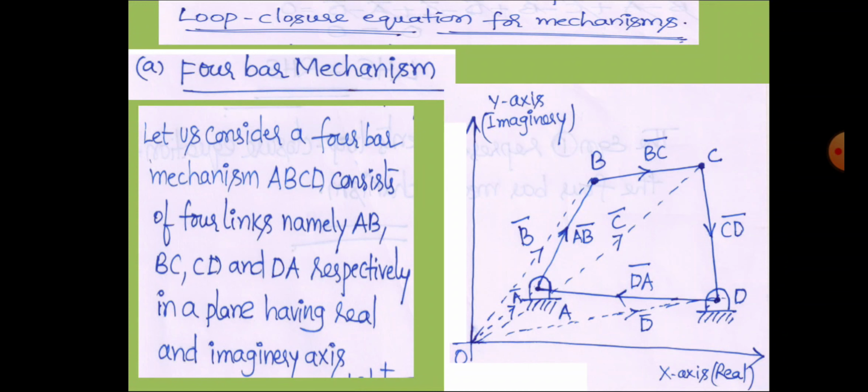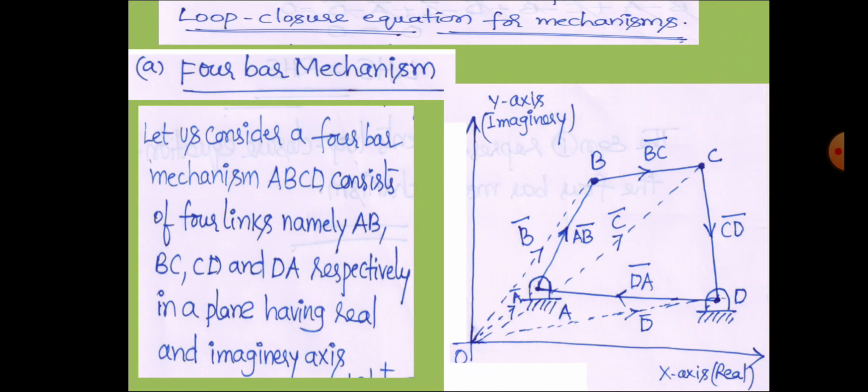Now first, let us take a 4-bar mechanism, A, B, C, D. In the mechanism one link is fixed, link AD is fixed. So there are 4 links, AB, BC, CD and DA.